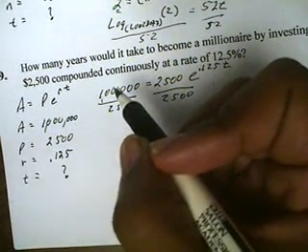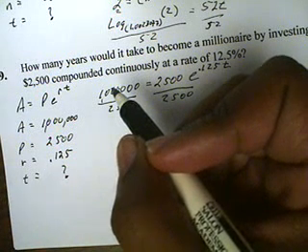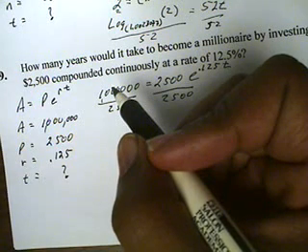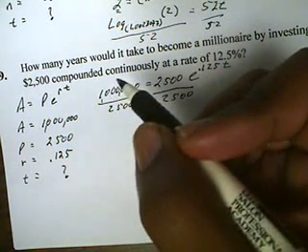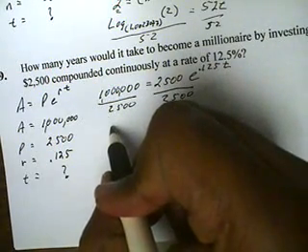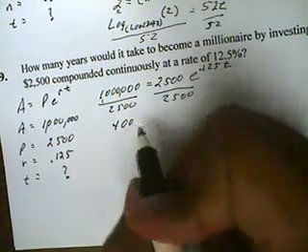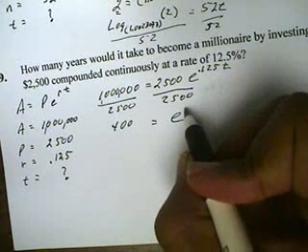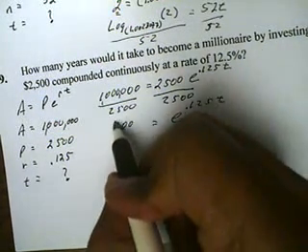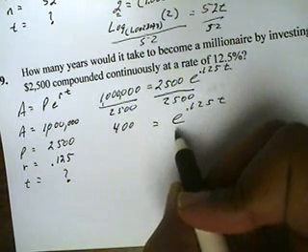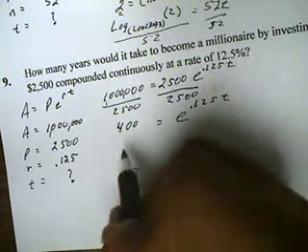Okay, and what that'll give me is 400, and that's equal to E to the 0.125 T power. Okay, next, get rid of the base of E by converting this into a logarithmic function.